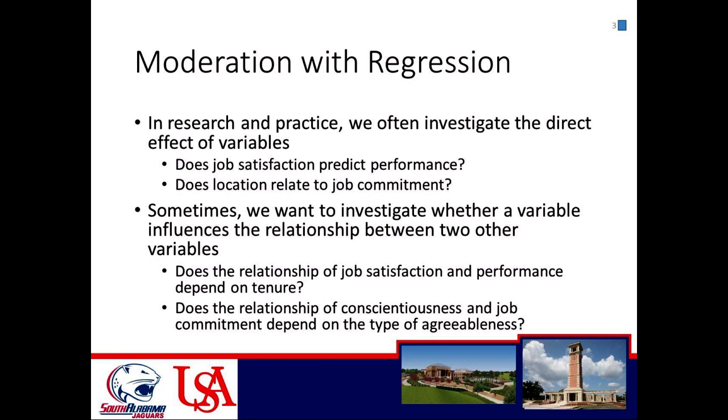Maybe that relationship isn't as strong. So as you can see in these two instances, we're asking questions of not necessarily does tenure or agreeableness have a direct effect on the outcomes of performance and job commitment, but instead do they affect the relationship between a separate predictor and the outcome of interest.